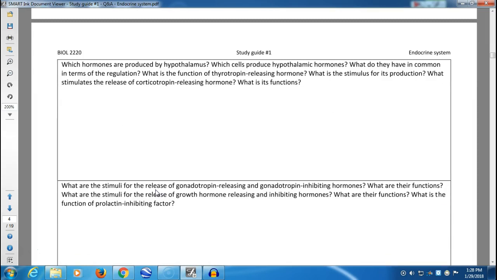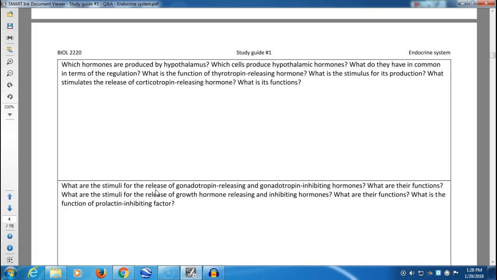Hypothalamus. As I mentioned, you don't have to list anything. It's going to be multiple choice. So, what does it produce? Releasing and inhibiting hormones.